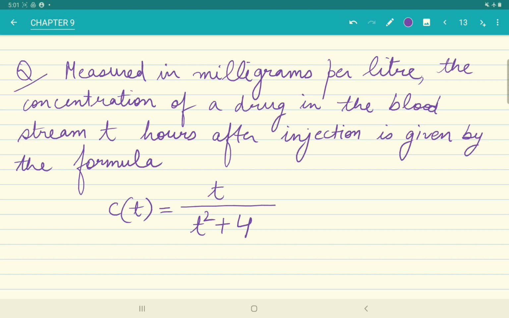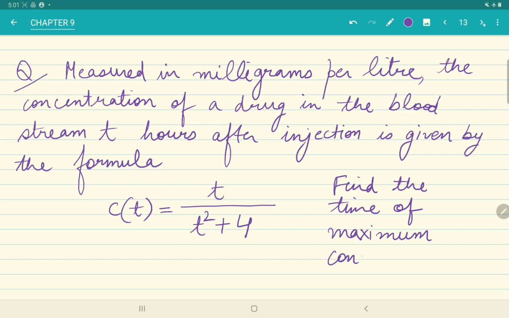And we have to find the time of maximum concentration of that drug in the bloodstream. We have to find the time of maximum concentration.